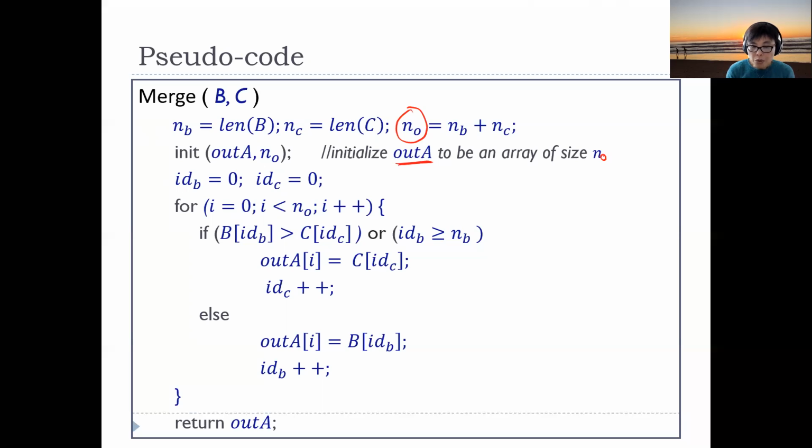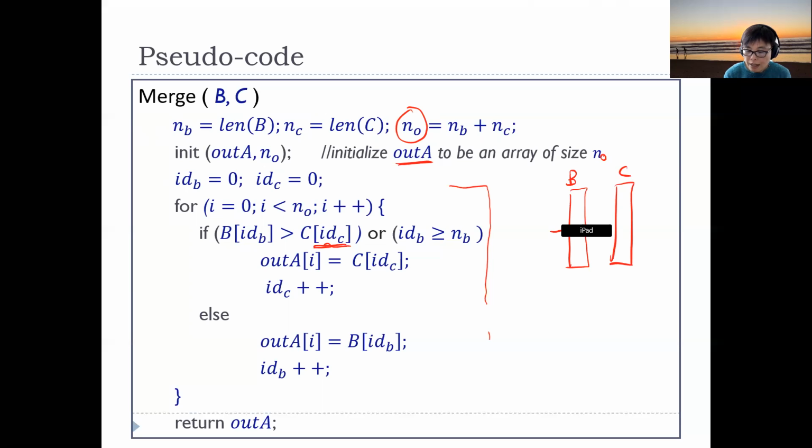What this for loop is doing is basically using those two pointers. We always compare the current smallest number of the portion we have not yet processed and take the smaller one to output for the merged array. So the merged array just keeps retrieving the smallest of the remaining numbers we have not yet processed. And at any moment, so I have two arrays B and C.